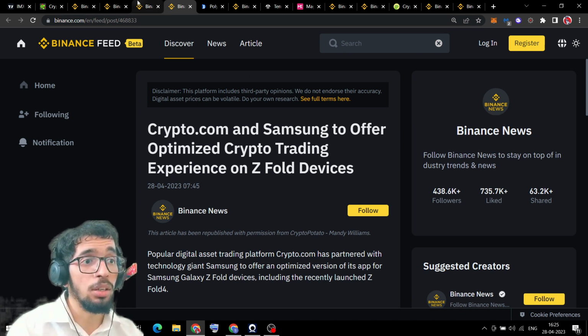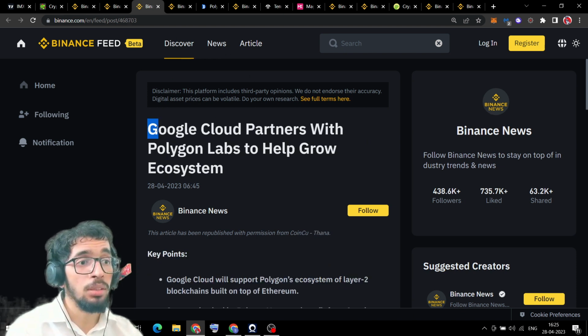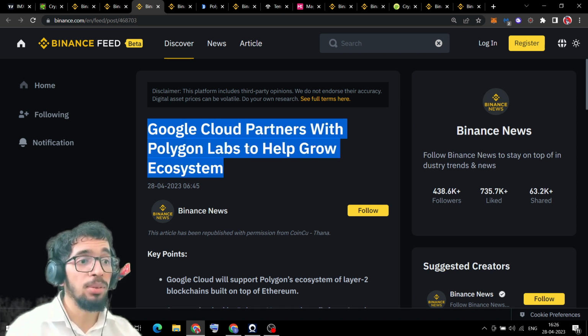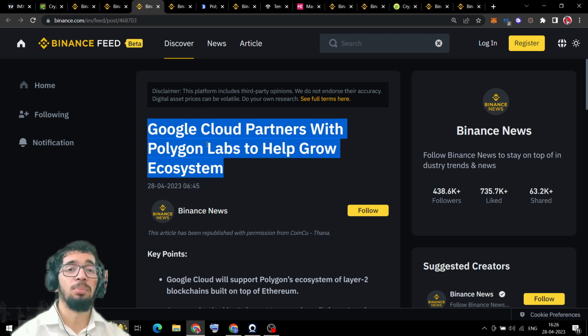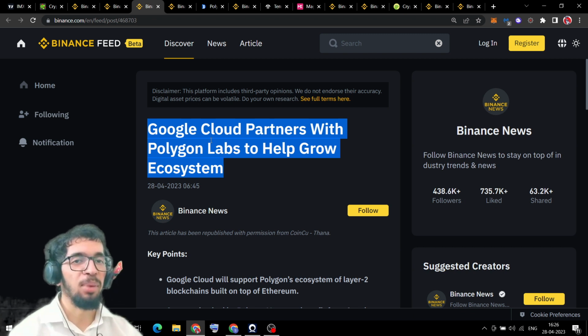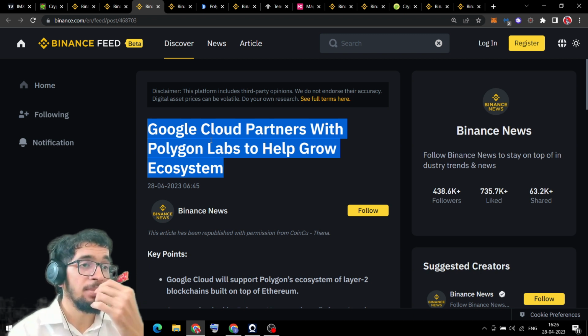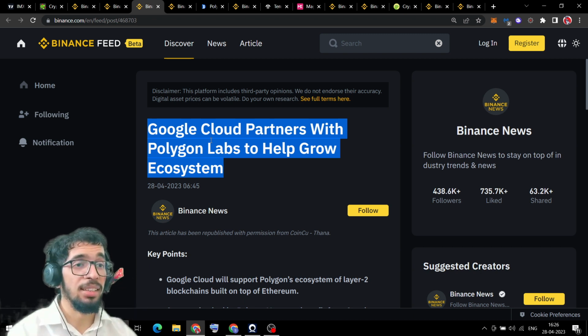Okay, now the next news, which is Google Cloud partners with Polygon Labs to help grow the ecosystem. Right now, Google is just partnering with everyone. They partnered with Neo, then yesterday with Aptos, then also with another one.